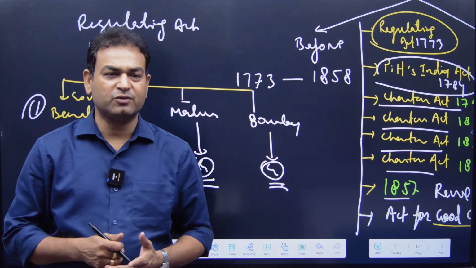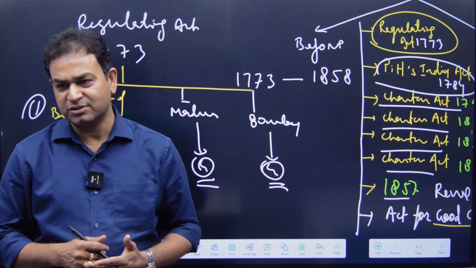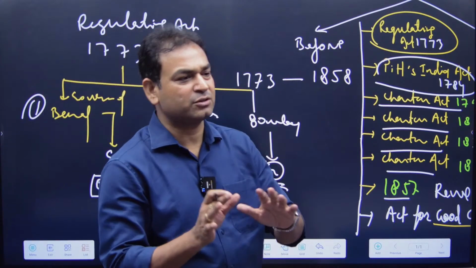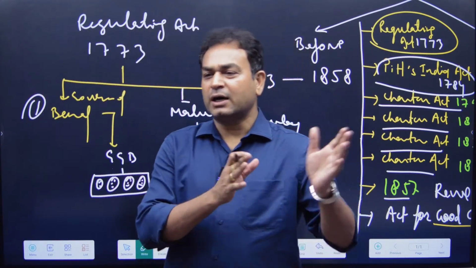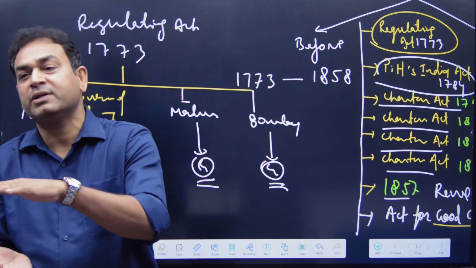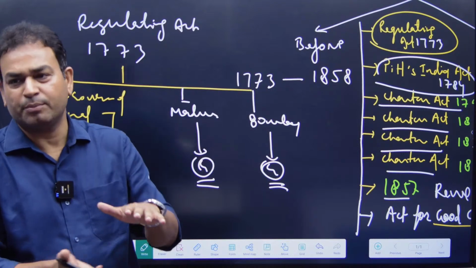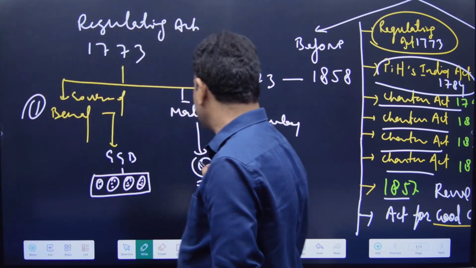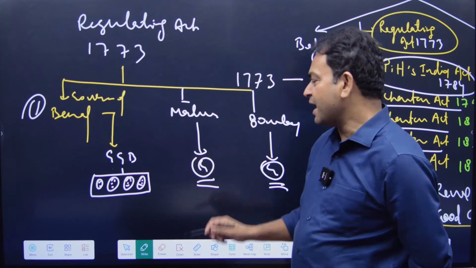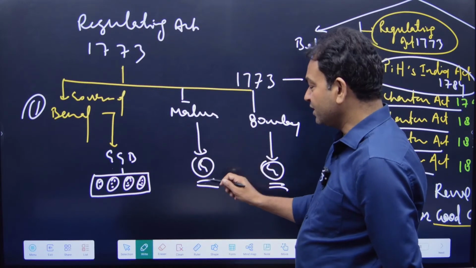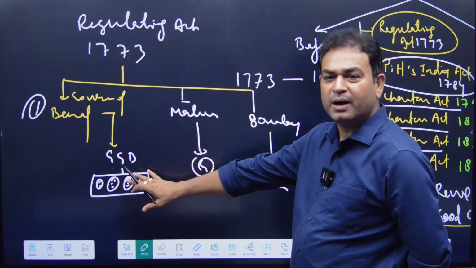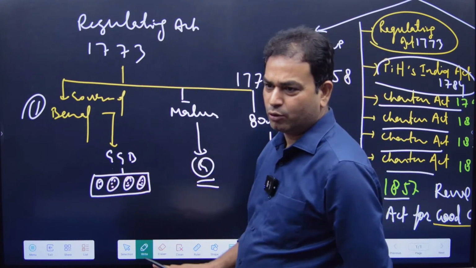The biggest presidency, Bengal, was given the charge, and the Governor of Bengal was designated as the Governor General of Bengal, and the other two presidencies and their governors were kept subordinate to the Governor General of Bengal. Means they were under the subordination of this institution, and their rules, regulations, laws were approved by the Governor General of Bengal.